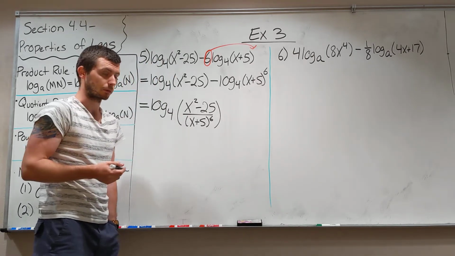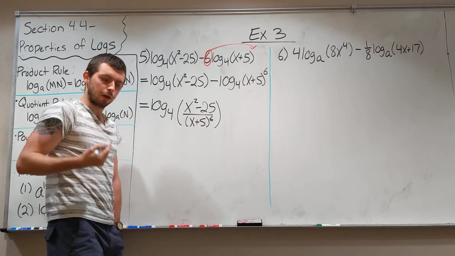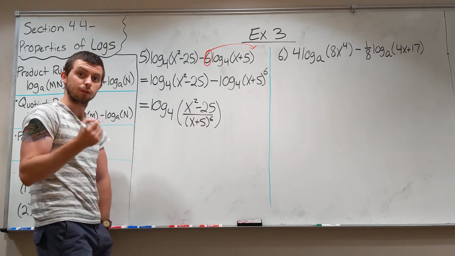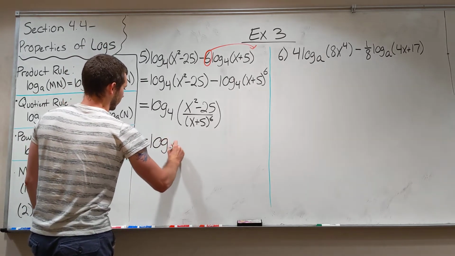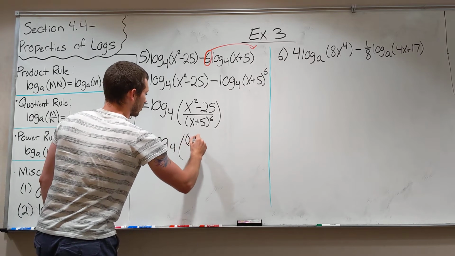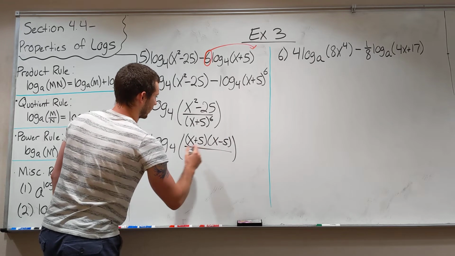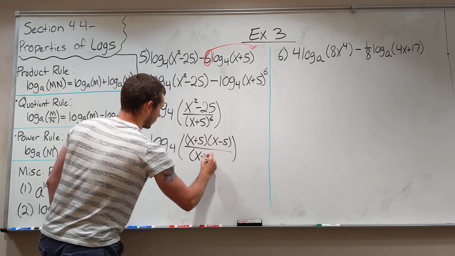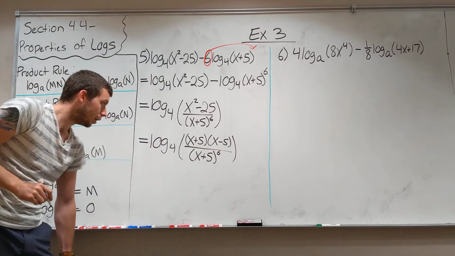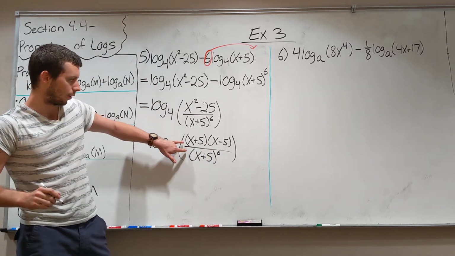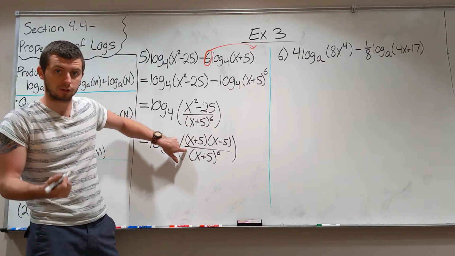And here, there's no exception because x squared minus 25, you definitely need to identify that that is a difference of two squares. And by identifying that, you notice that the numerator is now x plus 5, x minus 5, and the denominator stays the same. So just like that. And from here, there are two x plus 5 terms, one in the numerator and one in the denominator.